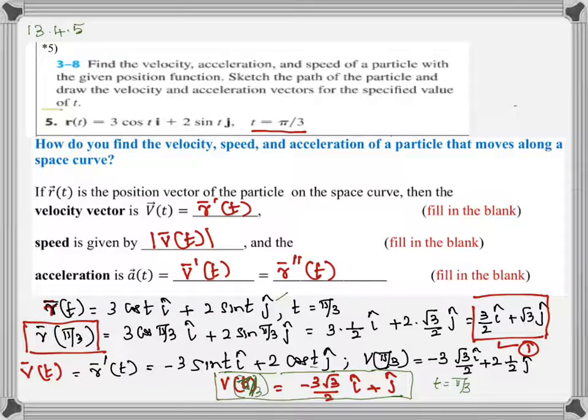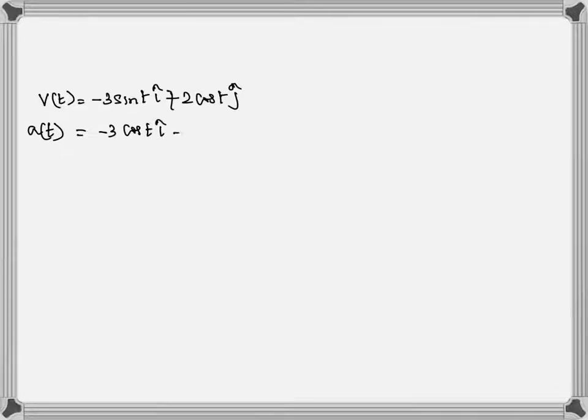The next part is the acceleration. So v of t is negative 3 sine t i plus 2 cosine t j. If we differentiate this, we get the acceleration. So a of t equals negative 3 cosine t i minus 2 sine t j.